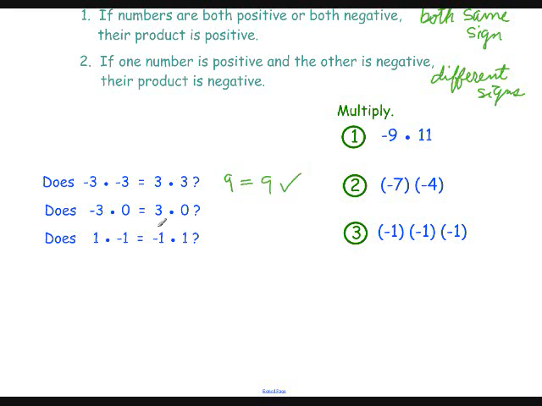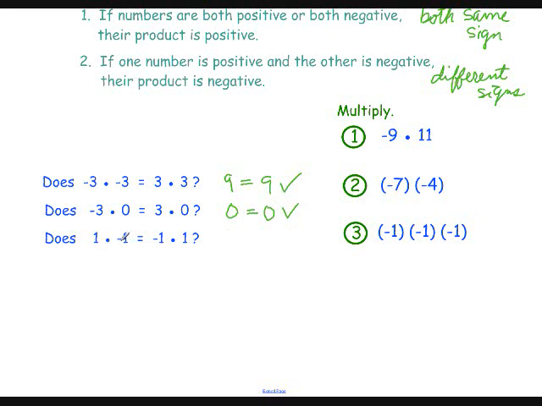Certainly does. Negative 3 times 0, does that equal positive 3 times 0? Anything multiplied by a 0 is 0. So we've got 0 over here, and we've got 0 on the right, so the answer there is yes.